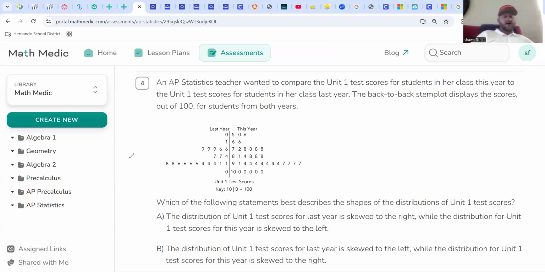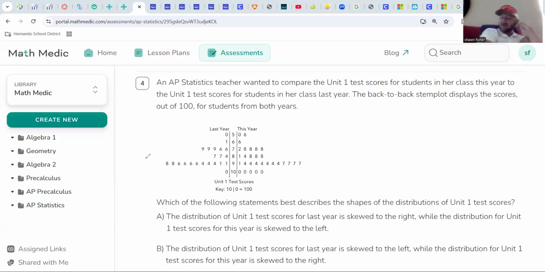Okay. Well, we've got an AP statistics teacher. They want to compare Unit 1 test scores for the people in our class this year to the Unit 1 test scores for students last year. So they did a stem and leaf plot, what they call a back-to-back one, so you can easily read your data.